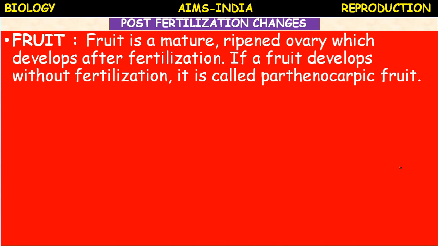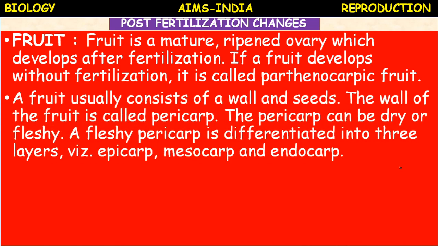So the seeds are formed inside the fruits, typically a seed consisting of a seed coat and cotyledons and an embryonal axis. So a fruit usually consists of a wall and seeds. The wall of the fruit is called pericarp.